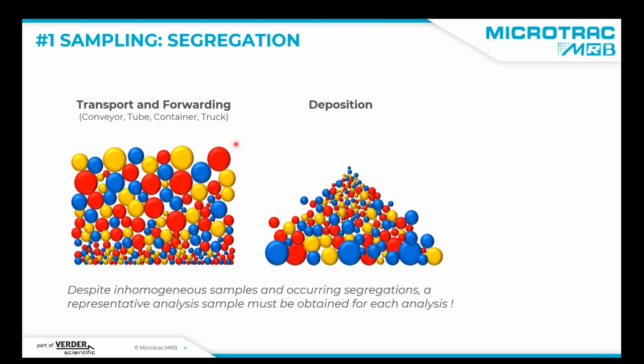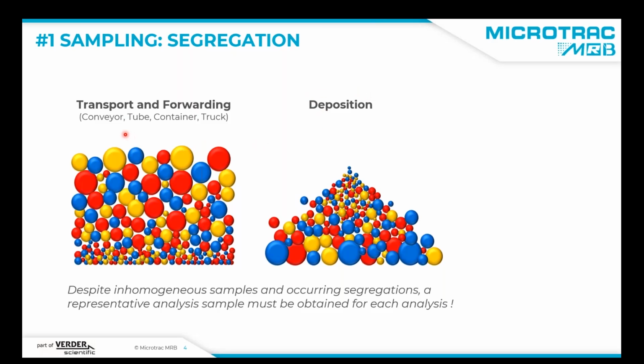So if you have these polydisperse bulk materials, something happens that is called segregation. And segregation means that the particles are separated from each other and sorted by size. And this happens very easily during transport and forwarding, and during deposition.